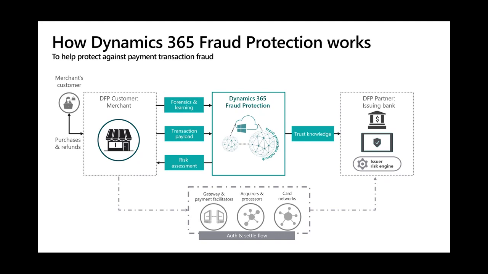Now, there's a small box up there called Forensics and Learning. One of the things that we collect in addition to the transaction payload that a merchant sends us is device information. So we have also built into the product a device fingerprinting solution. It provides additional capabilities around the actual device that is making the call.